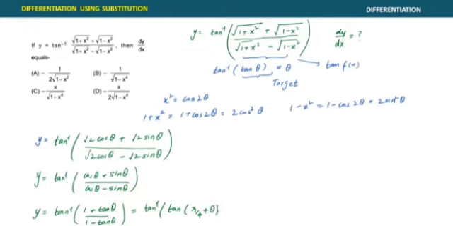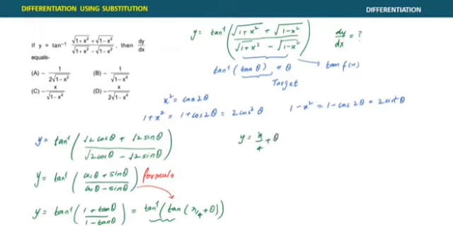In fact, I would recommend that you add this to your formula list. This particular value is nothing but this particular quantity. Now, tan inverse of tan will get cancelled out, so effectively y is nothing but pi by 4 plus theta.